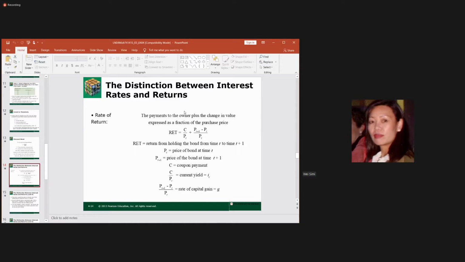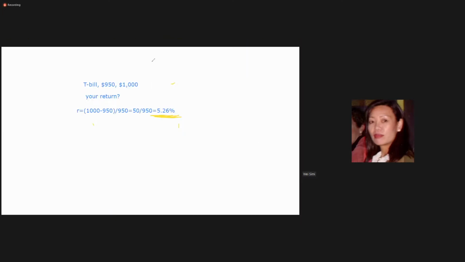Or do you want to do an exercise? Let's do one more exercise. Let's use dividend this time. Let's say you buy Apple stock on January 1st at a price of $100.